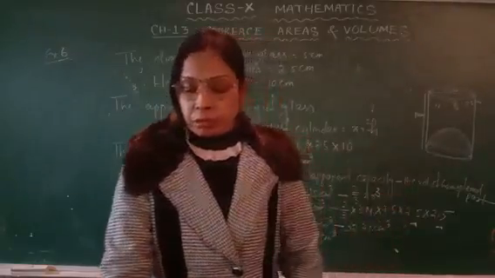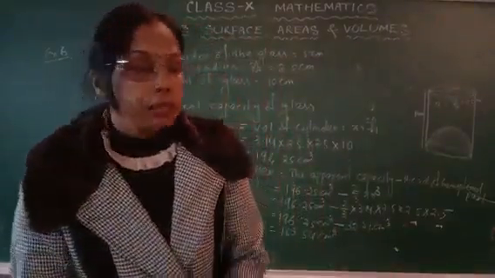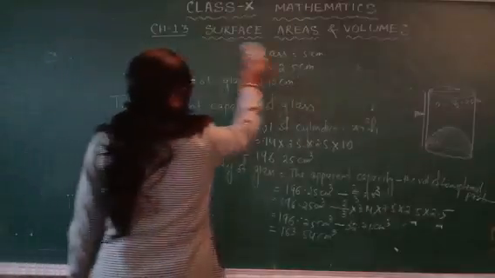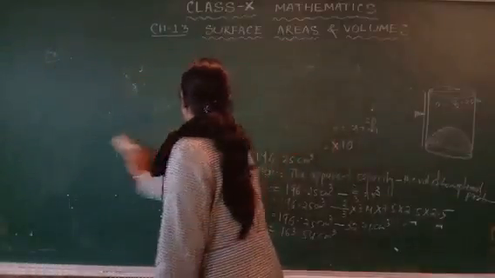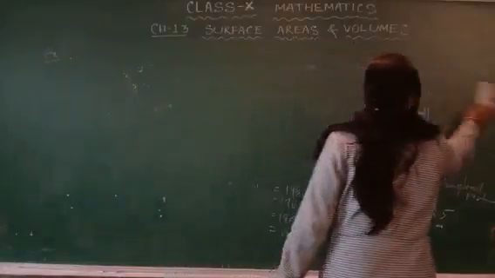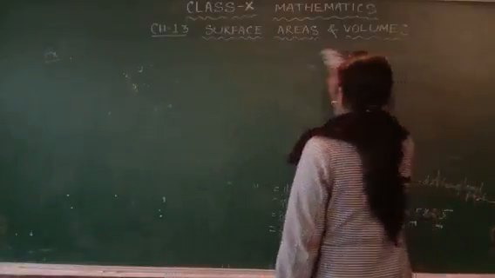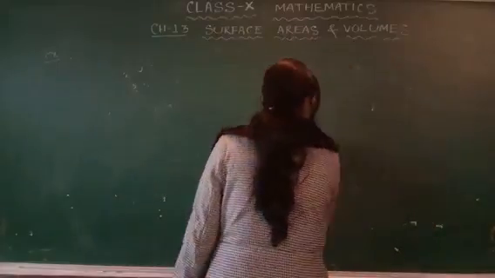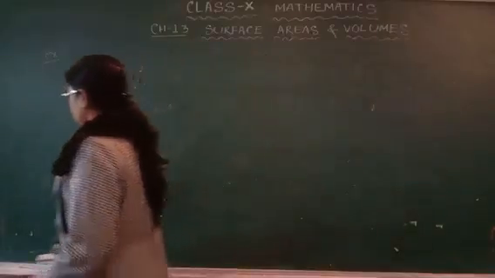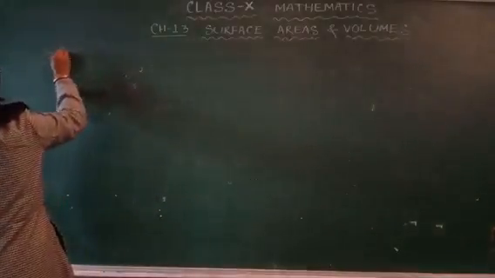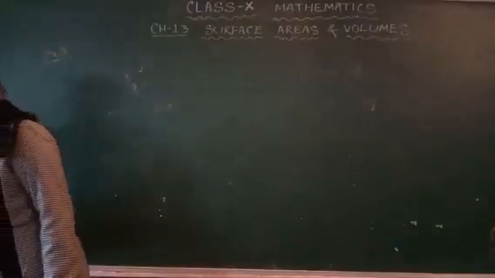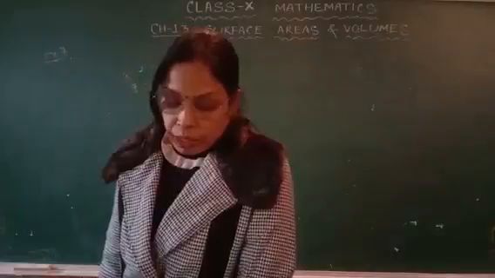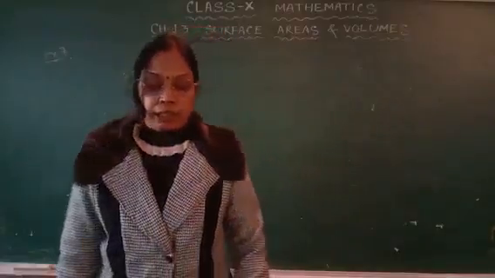Okay. Then come to the next example, example 7. See here, a solid toy is in the form of a hemisphere surmounted by a right circular cone.